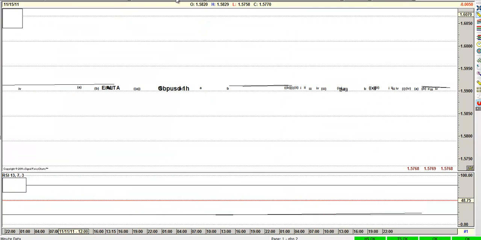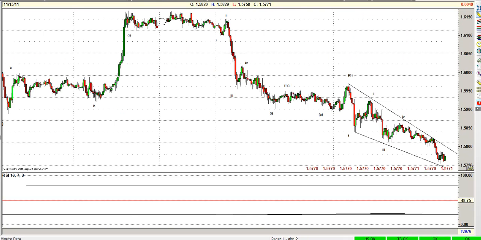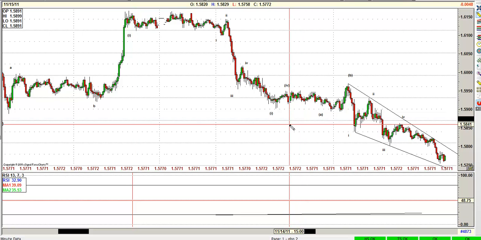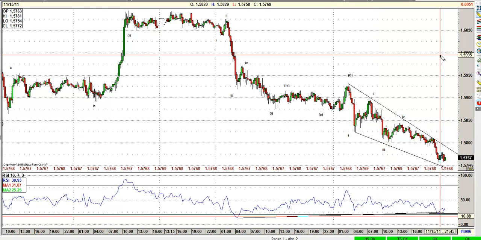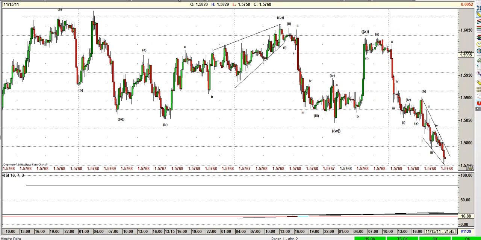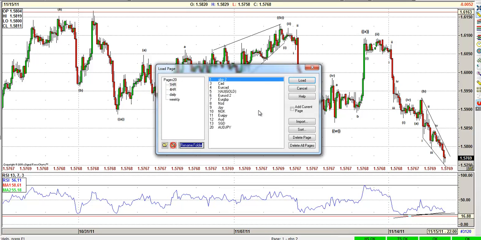But you see, even in the 15-minute chart, you're going to be able to see the divergence that you're getting. So this is bullish, guys. I mean, I would be the only one in the whole world thinking like this right now. Sometimes I believe that I'm some type of crazy myself.